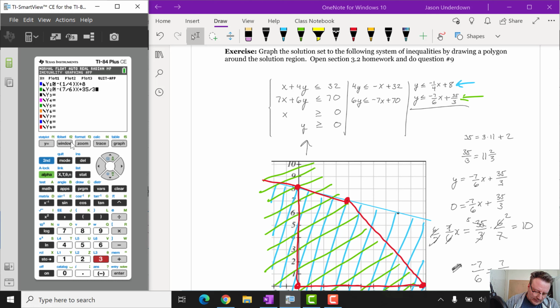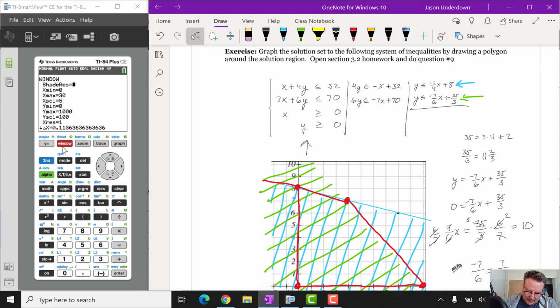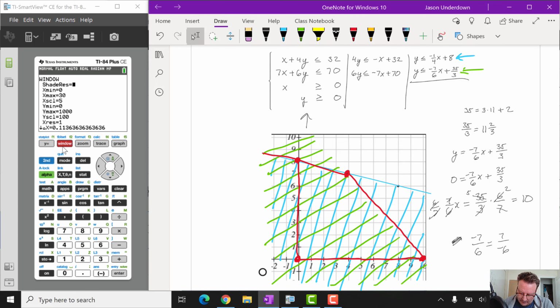All right, and then our window settings. Well, let's see here. What we want to go from, it looks like 0 for x. We want to go from 0 to 10, maybe 12. And then our x scale should probably be 1 tick mark every unit.